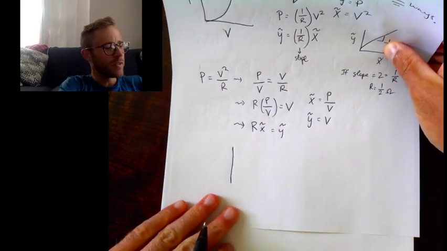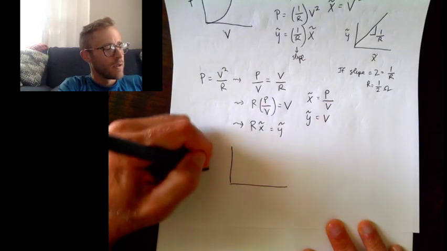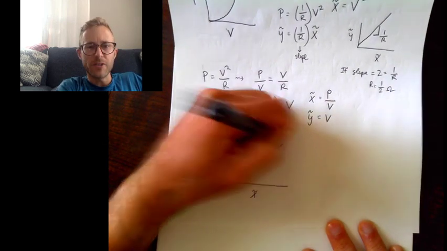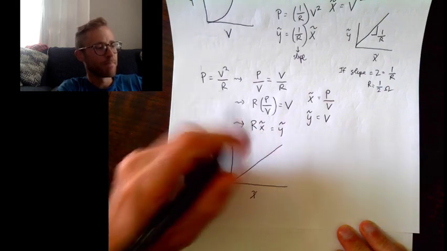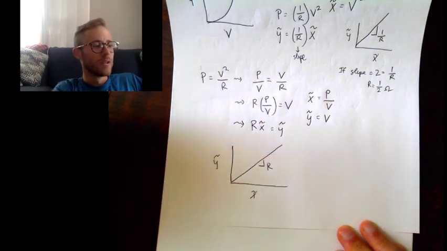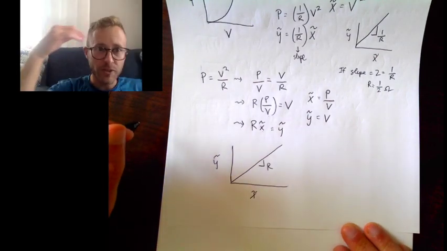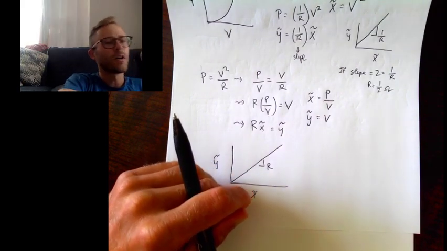This is once again the equation of a line. So it's going to look like a straight line. The slope of that straight line is the number that multiplies x squiggle, which is R. All right? So we've just done that in two different ways. I hope it's starting to make sense. Maybe I'll do a third example tomorrow. I don't know. Okay, so now let's get on to new stuff.